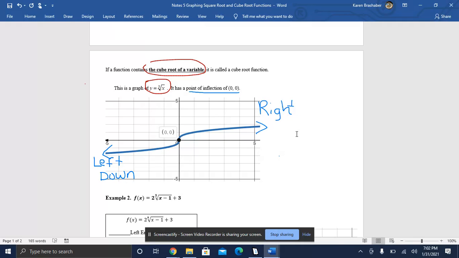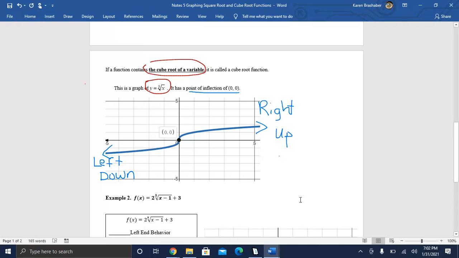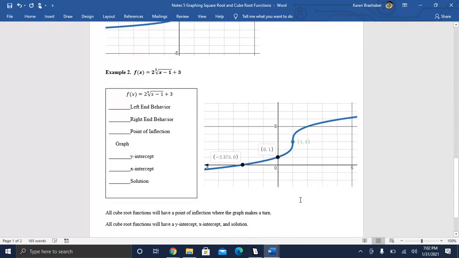So we will look at your one example of your cube root function, and that example is shown at the bottom or middle of your page.